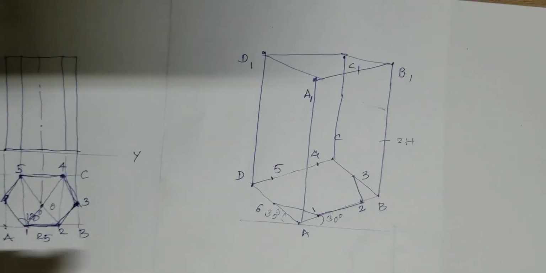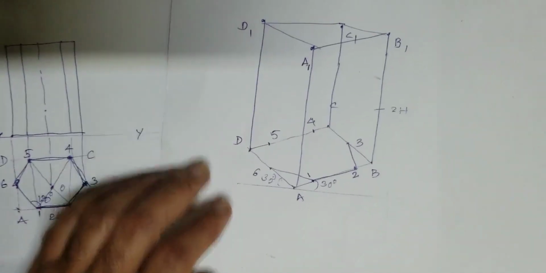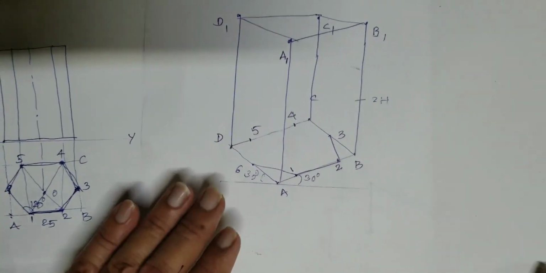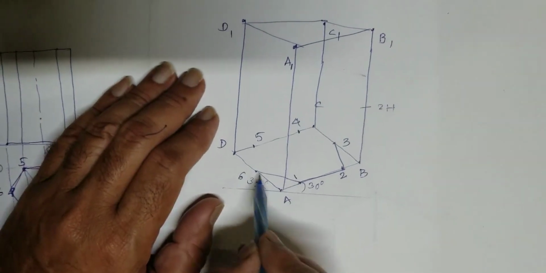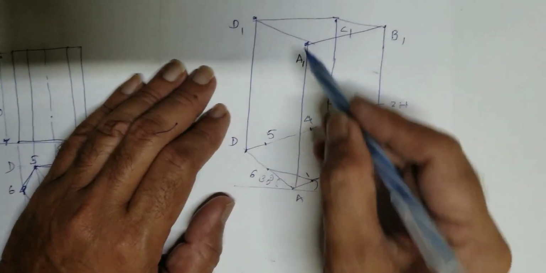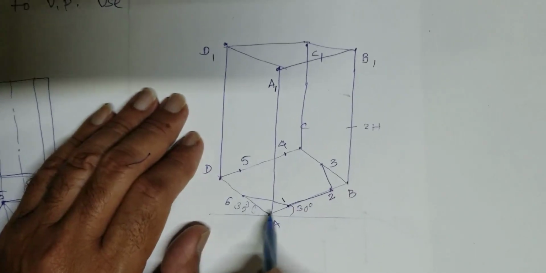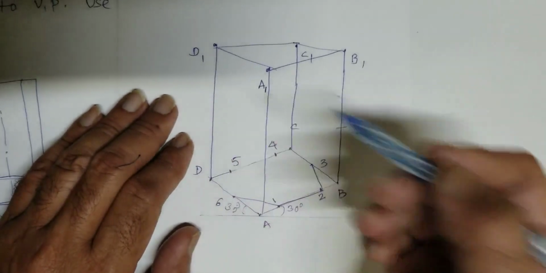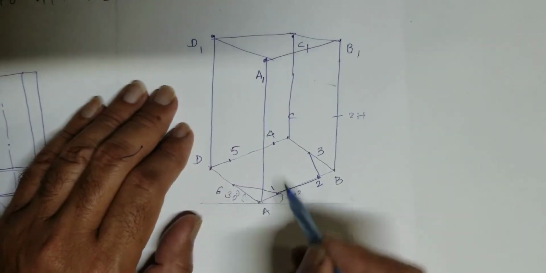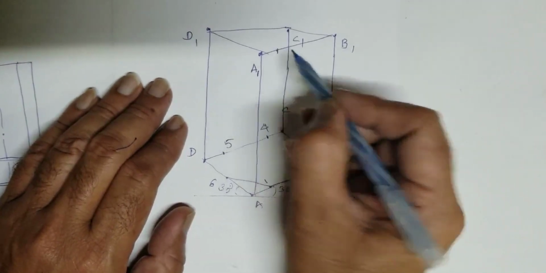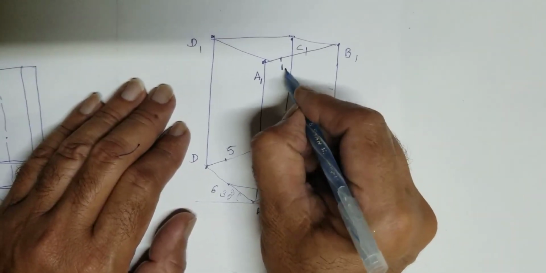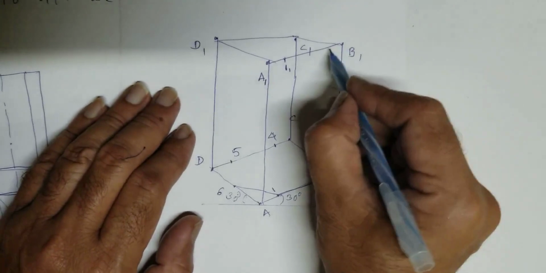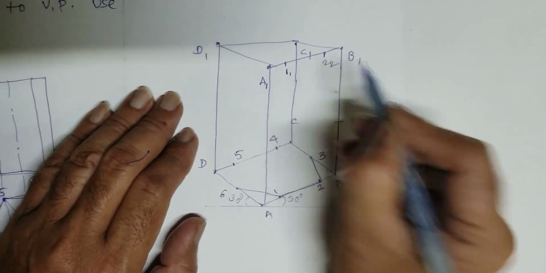See, here we got only a cuboid, but we have to focus on the hexagonal pyramid. So whatever the hexagon that is there, identify the same points at the top also. Whatever we are getting, 1, 2, 3, 4, 5, 6, similarly you measure the distance here. I am calling it 1, 1. B to 2, here 2, 2.